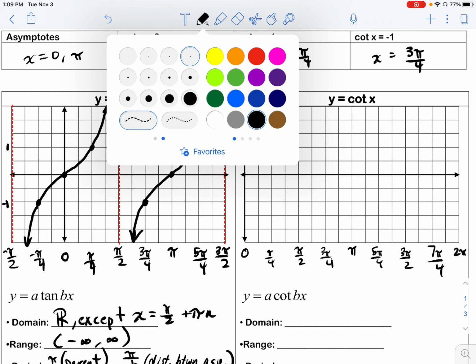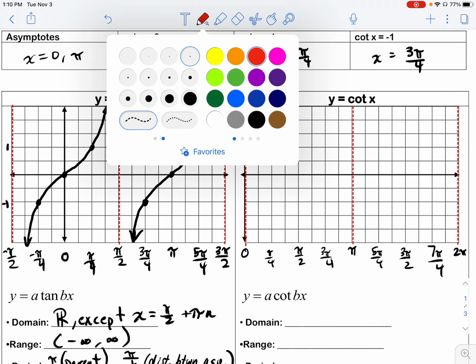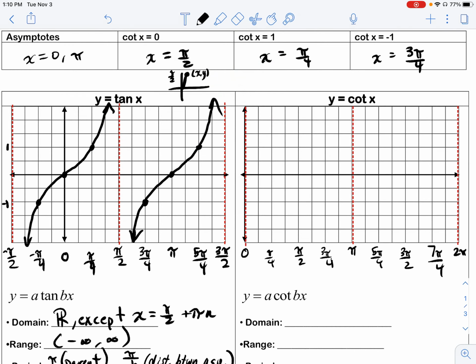So I'm going to go ahead and do this. There's 0. There's me at pi radians. There's me at 2 pi radians. Now we're ready to graph our graph for cotangent. So for cotangent, at pi over 4, referring to our table here, we hit, oh, probably should have my y-axis labeled. There we go, -1 and 1.